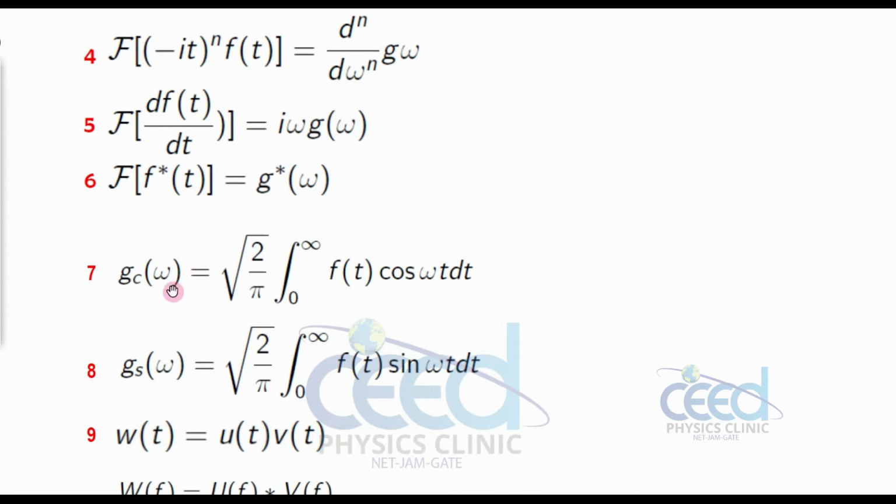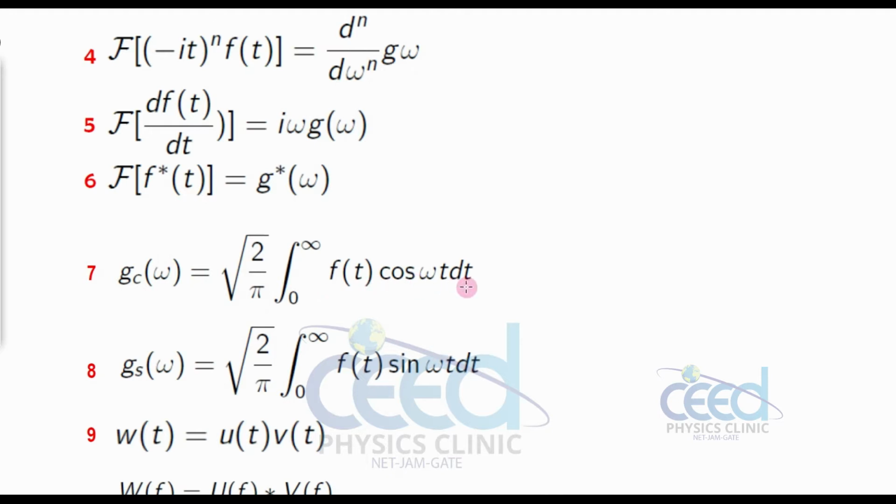Now the Fourier cosine transform. We can represent this as g c of omega, that is root 2 by pi integral 0 to infinity f of t cos omega t dt.